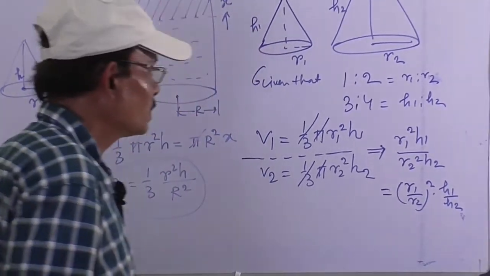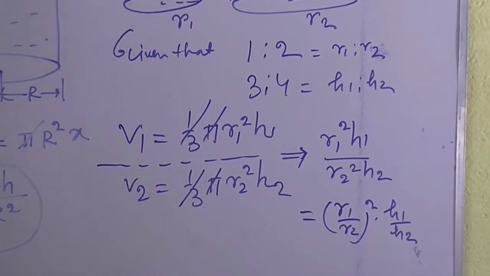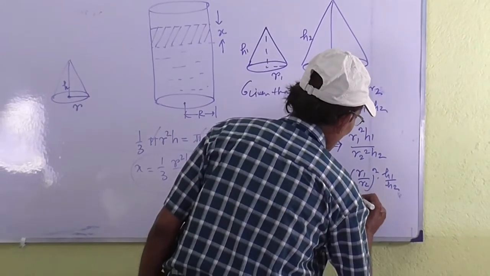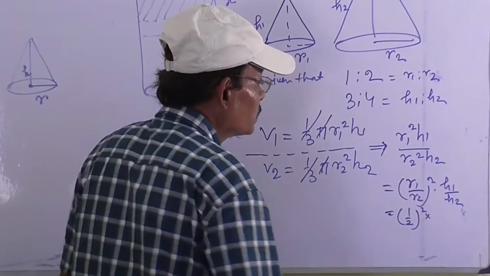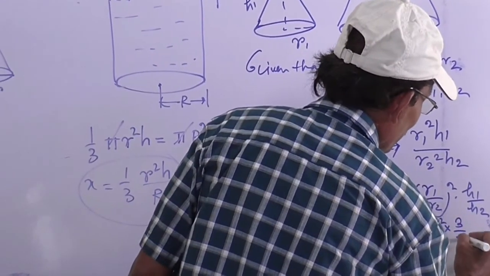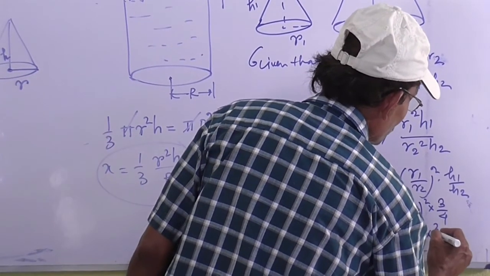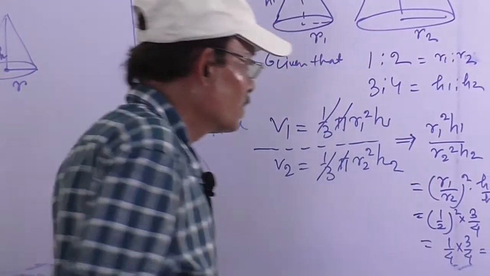Clear? So, we put the value of the ratio of r 1 and r 2, we have 1 by 2 whole square into 3 by 4. So, we get 1 by 4 into 3 by 4. So, the ratio will be 3 by 16. Understand?